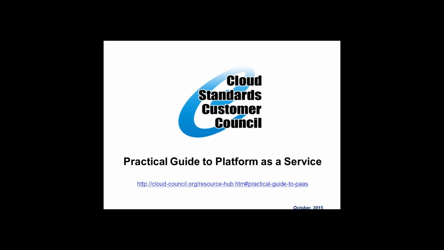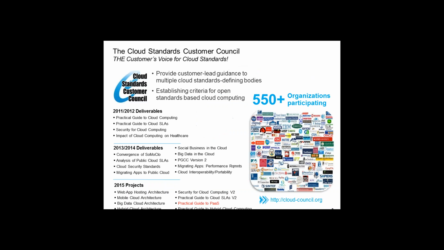Before we jump into the details of the white paper, I'd like to provide just a little background on the CSCC itself. The CSCC is a customer advocacy organization that provides guidance and levies requirements on cloud standards bodies. To that end, the council develops collateral like best practices, use cases, and standards gap analysis.